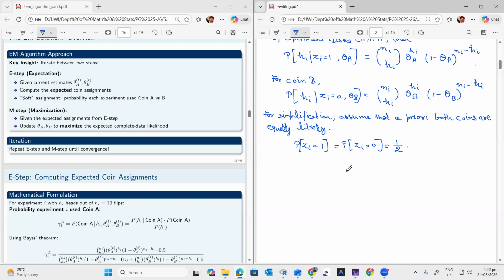So now the likelihood function for the given data. Because the coin identity is unknown, the probability of observing Hi heads is a mixture of two binomial distributions.